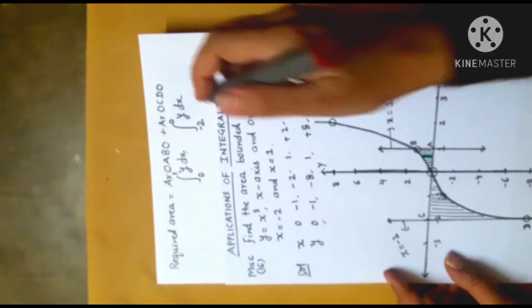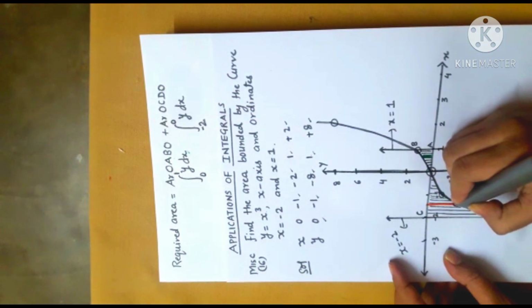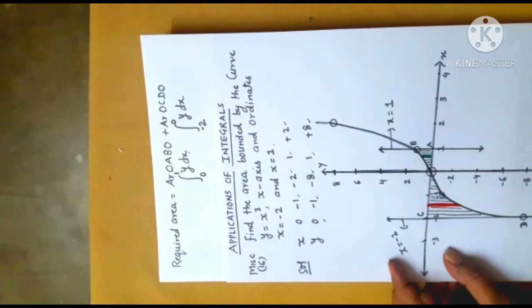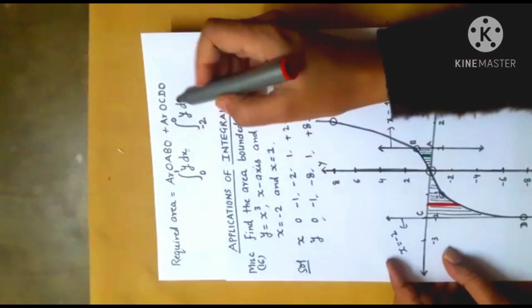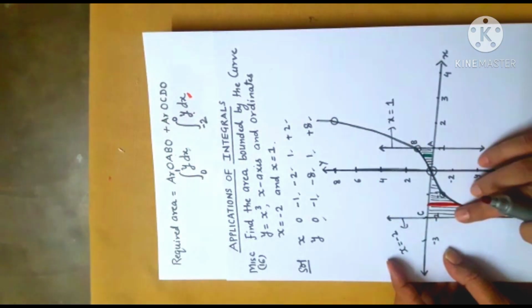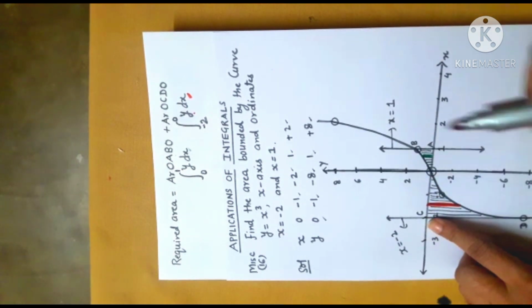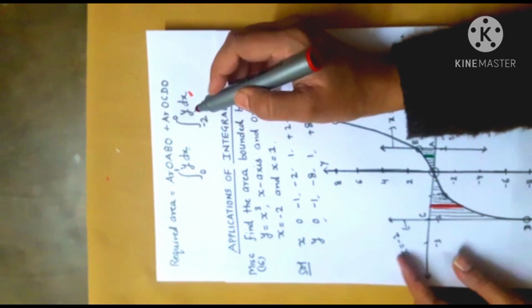Similarly, to get the area of the region OCDO, I'll consider a vertical strip here, right? Width of the strip will be dx, length will be equal to y. And to cover this region, the strip will move from minus 2 to 0. So limits of integration will be from minus 2 to 0.